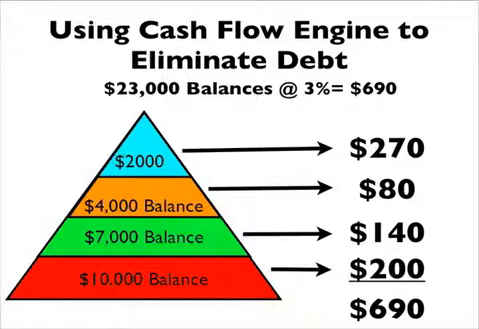Now by doing this, $270 toward a $2,000 balance is going to clear this debt off very quickly. If you just assumed a medium interest rate, in about 13 or 14 months, this debt would be satisfied.